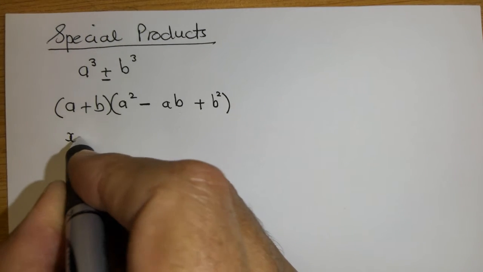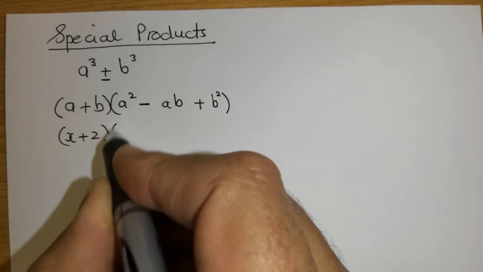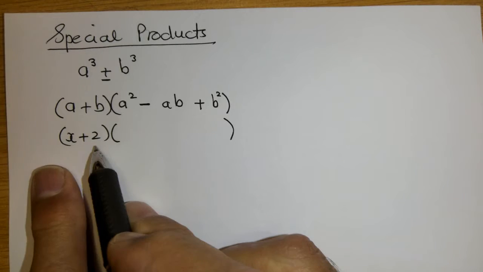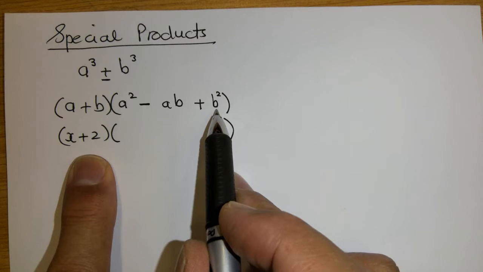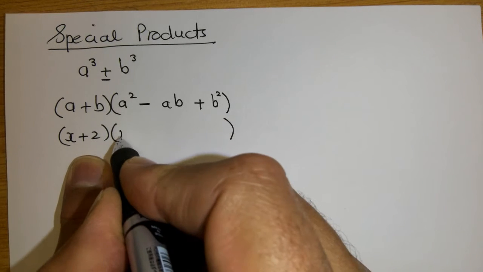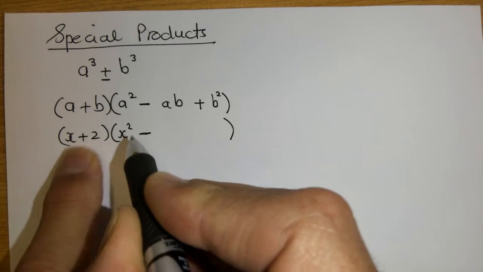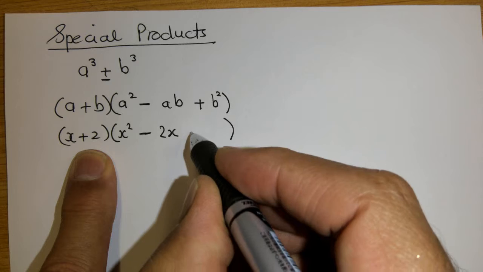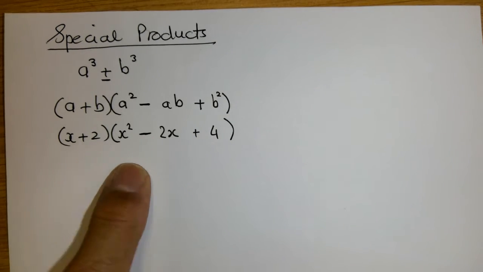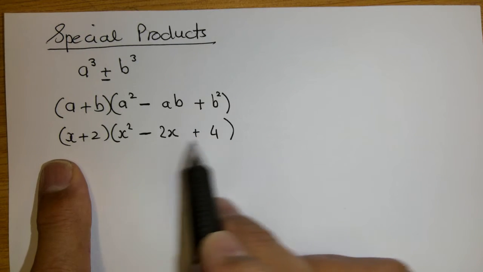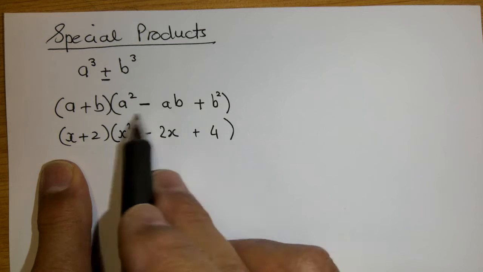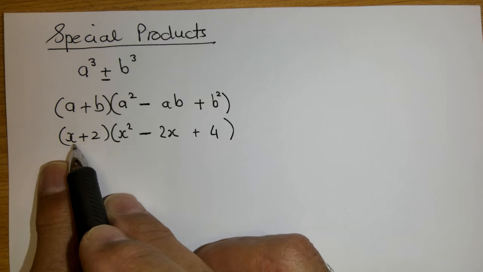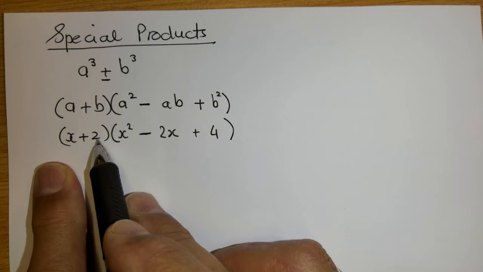Well, if you have x plus 2, and in this bracket you must have these terms in that form. X squared minus 2 times x is 2x, plus the last one squared. If this is the form of the second bracket, then you merely have to say it's this term cubed plus that term cubed.